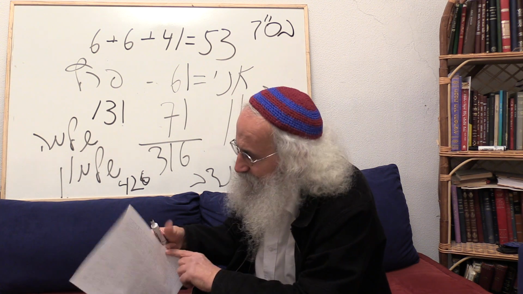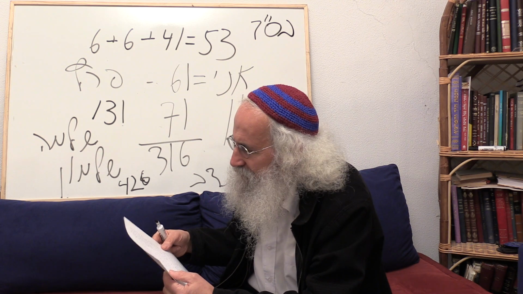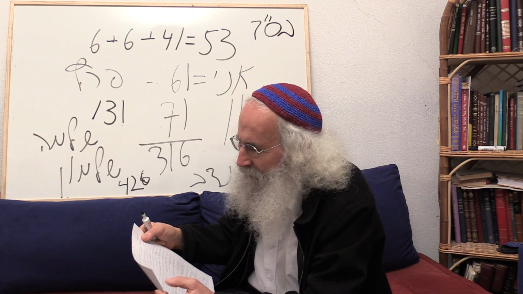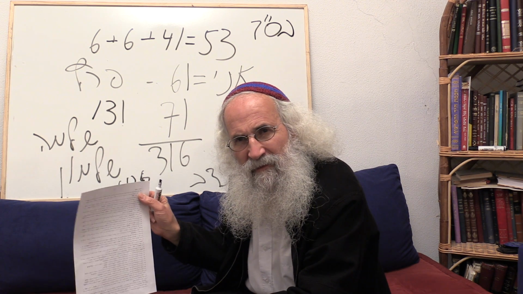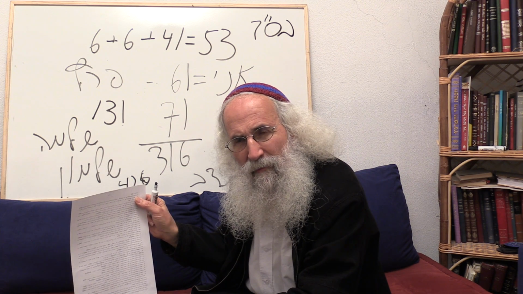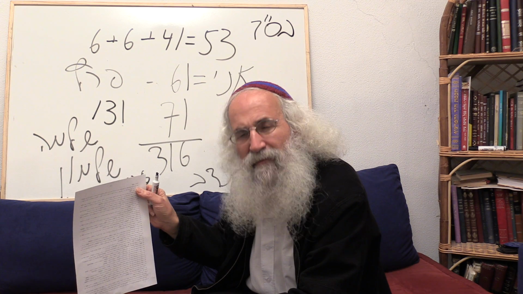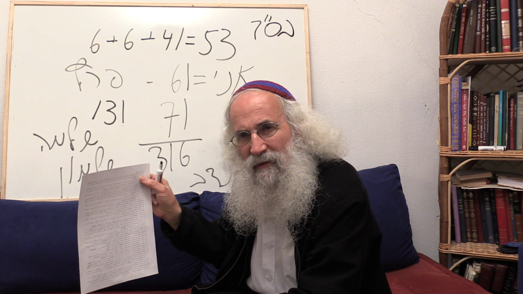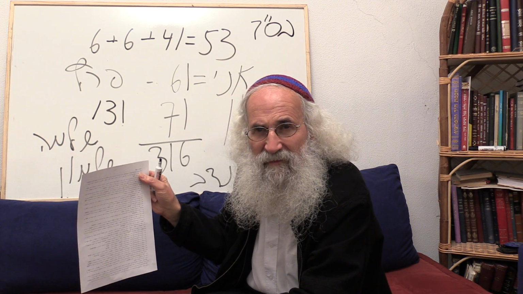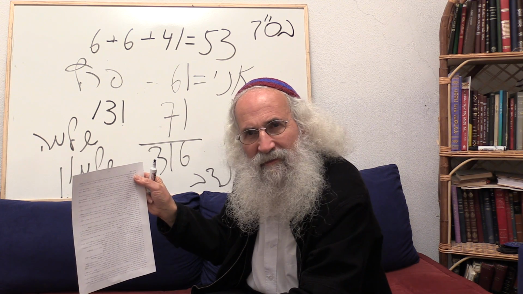What is Yechida? You want to write them to make it more clear on the whiteboard? This page, I put it on Facebook, so everybody can go to it, facing each other. It's in Hebrew, but still we can recognize the numbers.